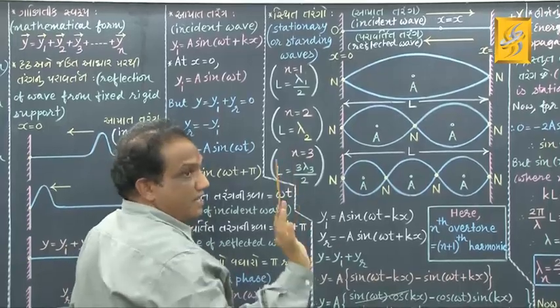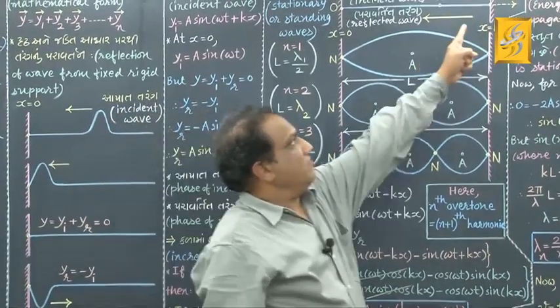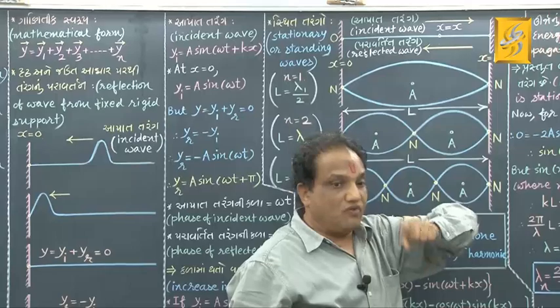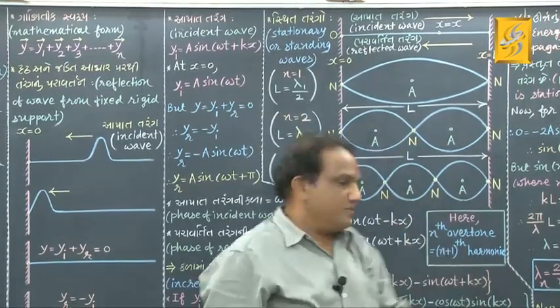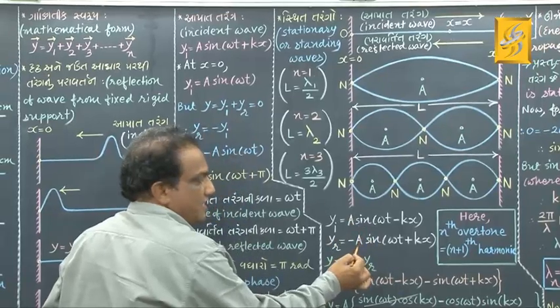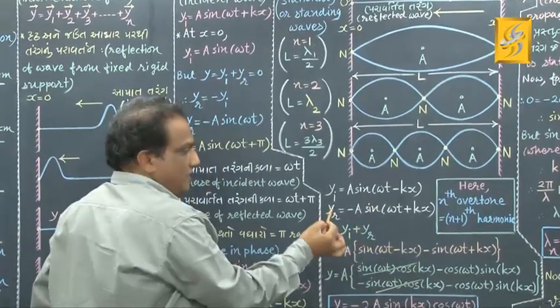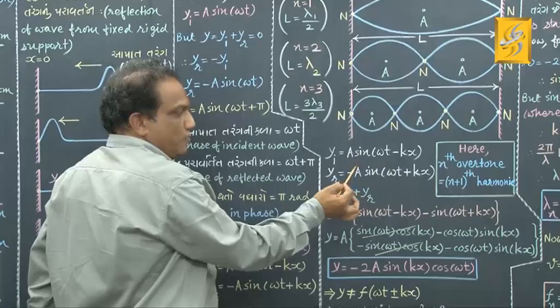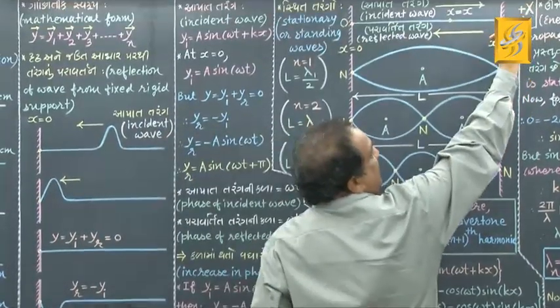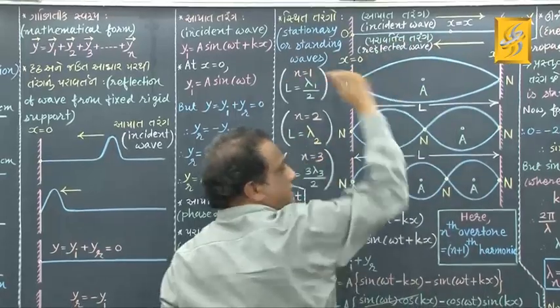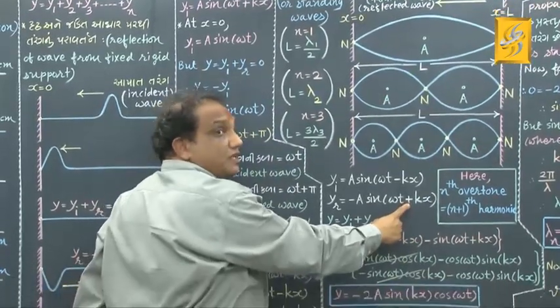Fine. And don't you know, whenever any wave is reflected from the surface of a fixed rigid support, the crest will become a trough. So instead of plus a, you should now write minus a. In the equation of the reflected wave, you must write minus a, and because the reflected wave is propagating towards negative x-axis, here it must be a positive sign.